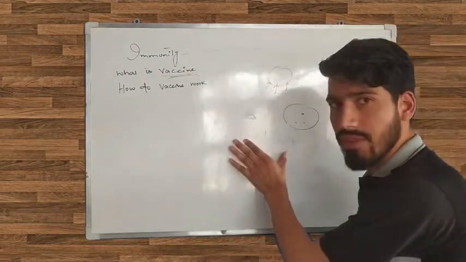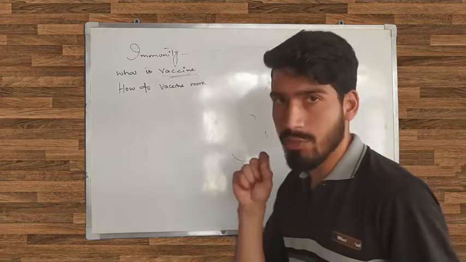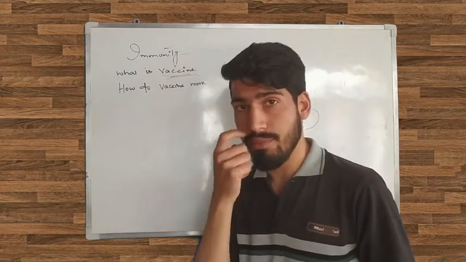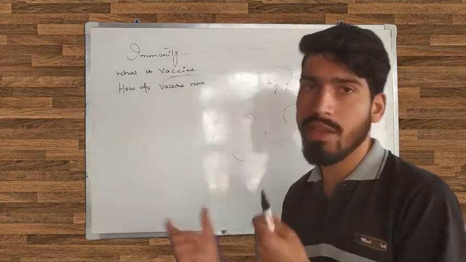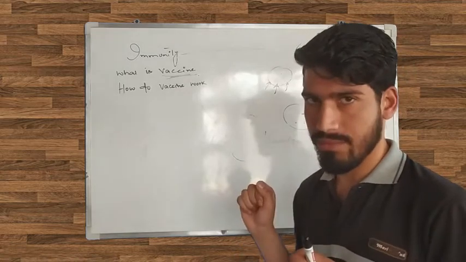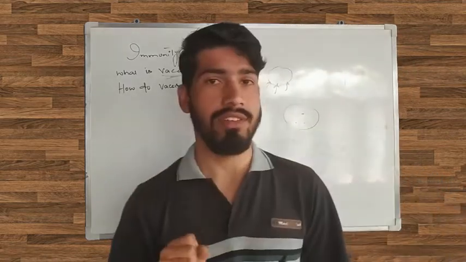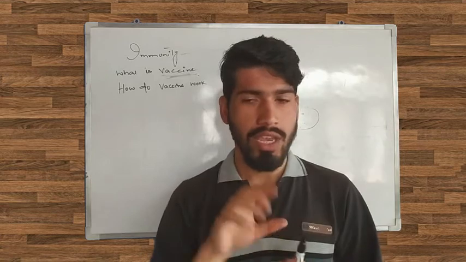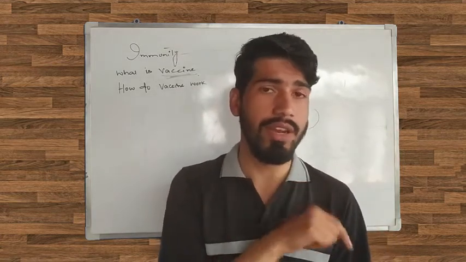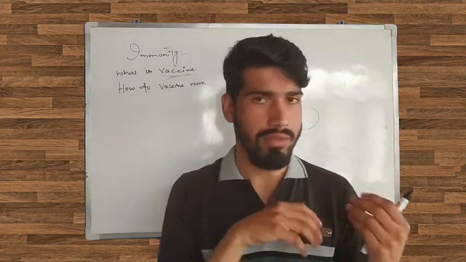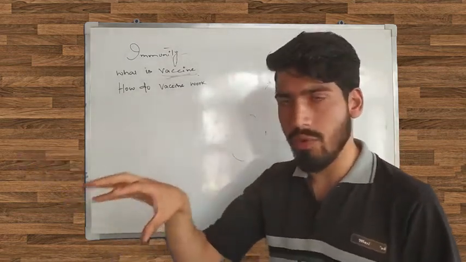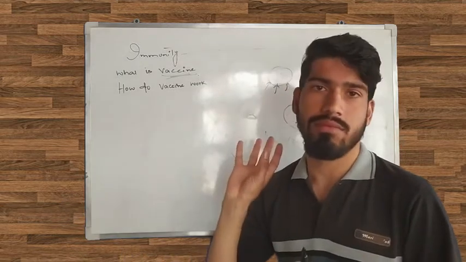Then some antibodies may be destroyed, and some antibodies remain present inside the body for a long time. When a real pathogen comes inside the body, they recognize it, and the antibodies are already present. They find the antigen, find that bacteria, and kill them all.